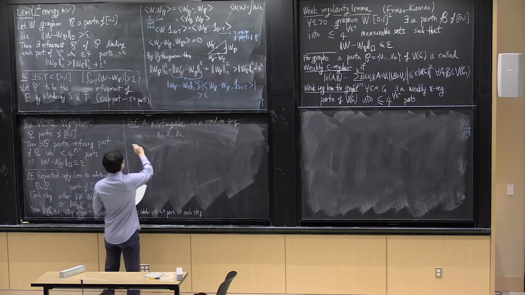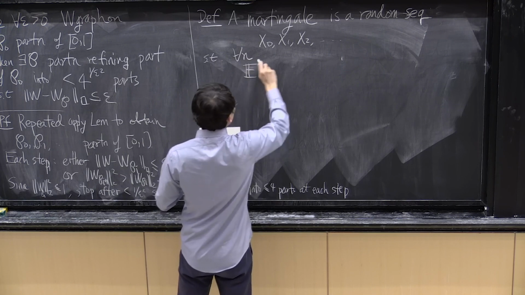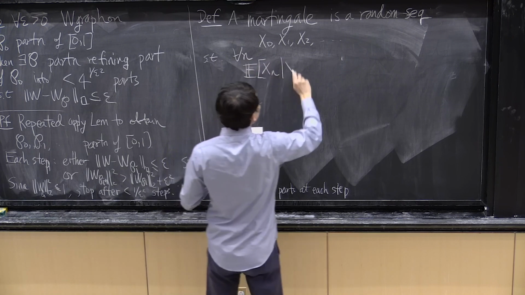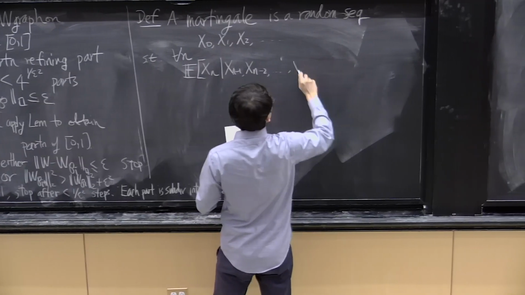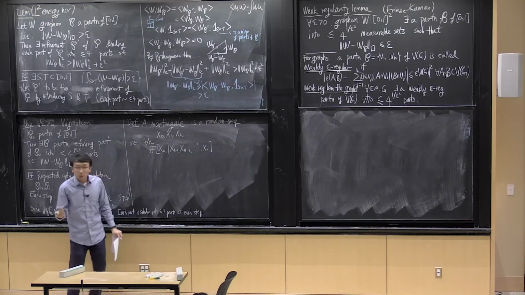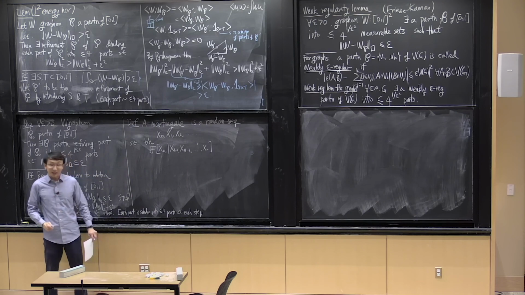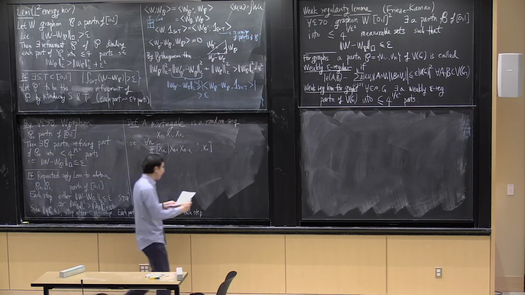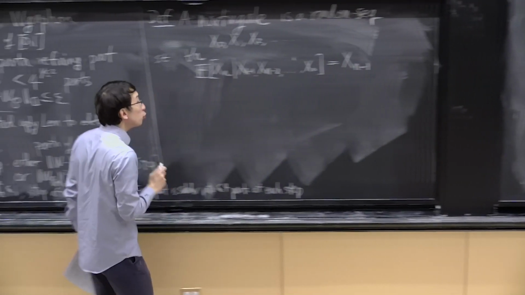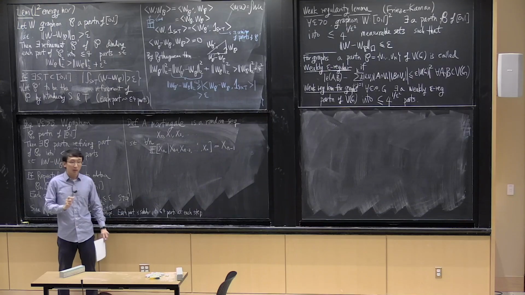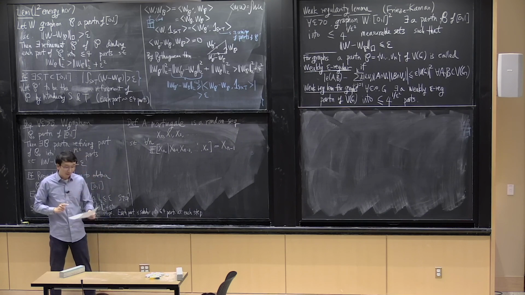A martingale is such a sequence where, if I'm interested in the expectation of the next term, and even if you know all the previous terms, so you have full knowledge of the sequence before time n, and you want to predict on expectation what the nth term is, then you cannot do better than simply predicting the last term that you saw. Okay, so this is the definition of a martingale.